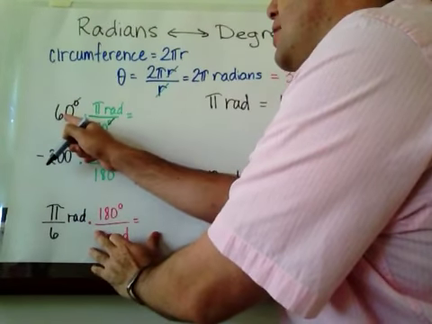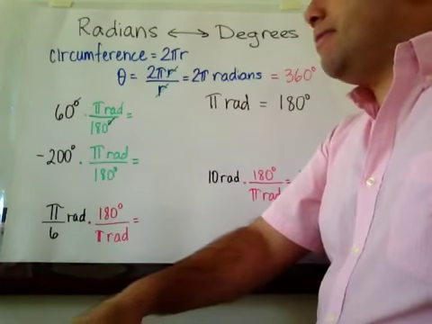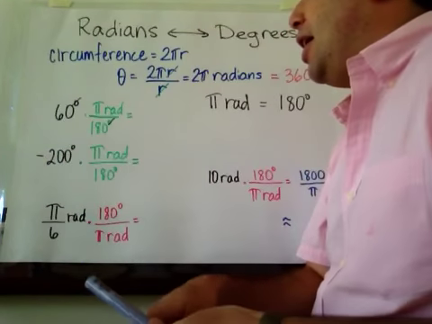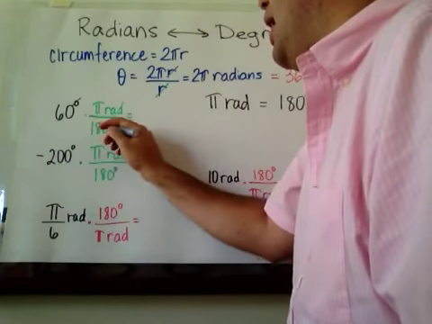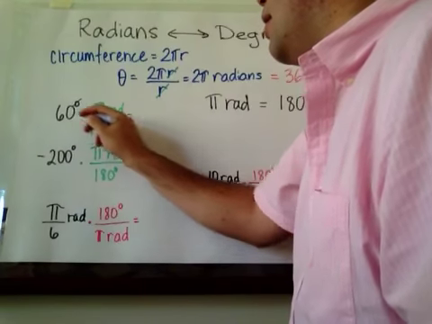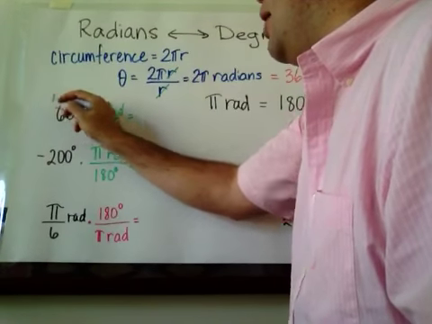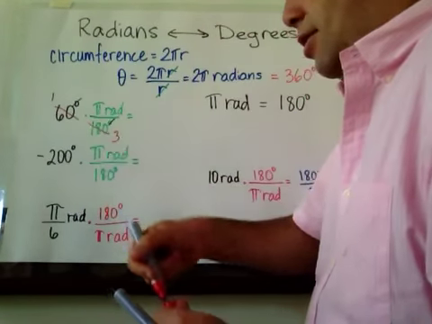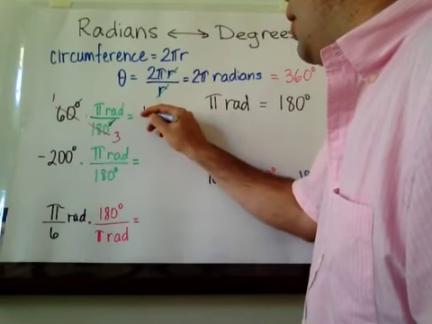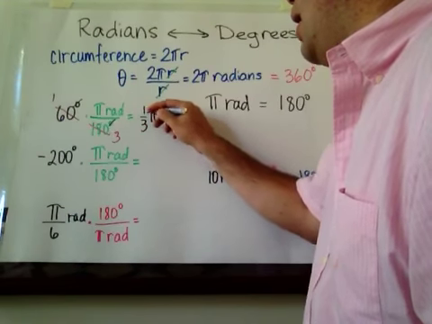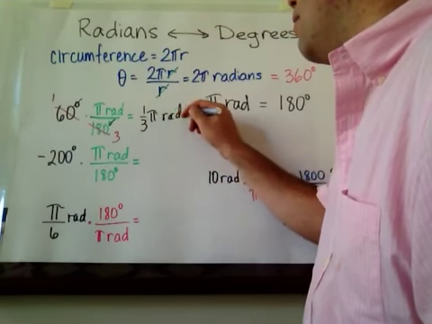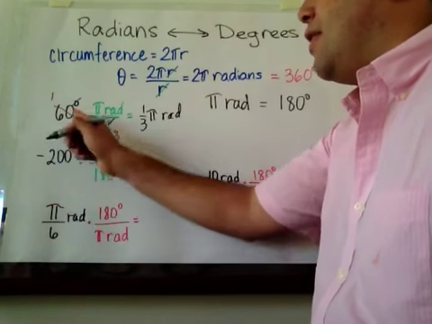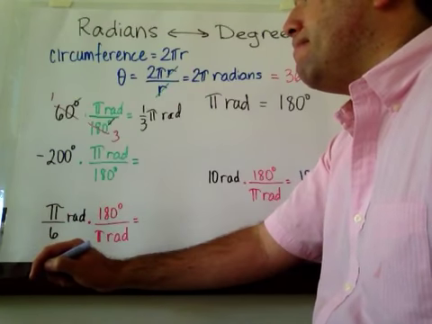So we've got 60 divided by 180 times pi radians. Now, 60 and 180, put in lowest terms, is 1 and 3. So we've got 1/3 pi radians. That's equivalent to 60 degrees.